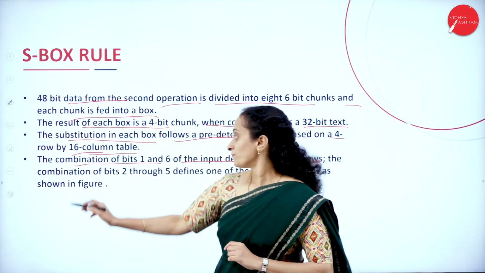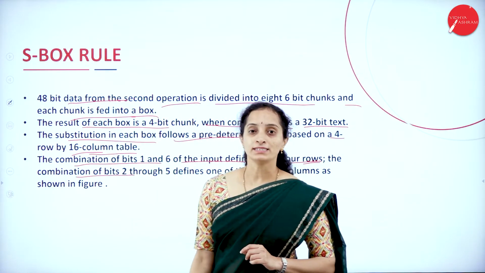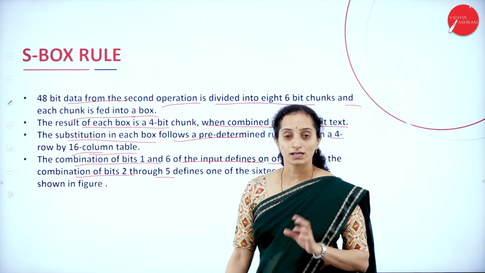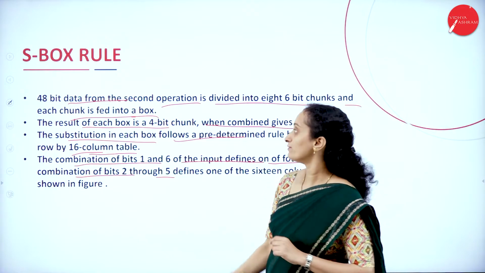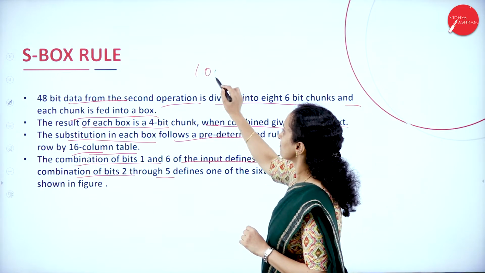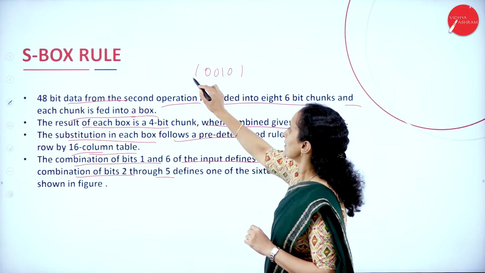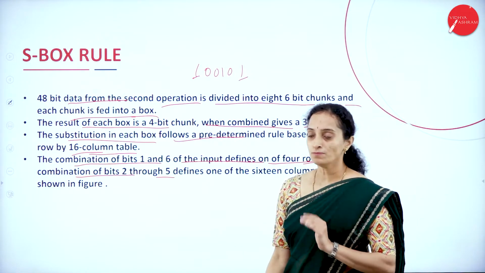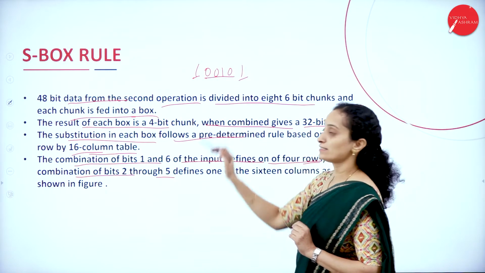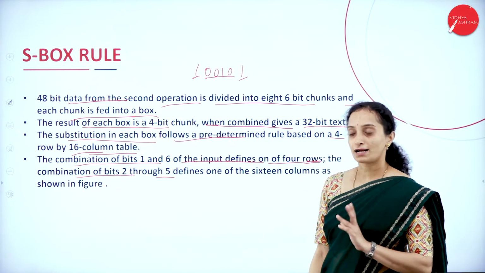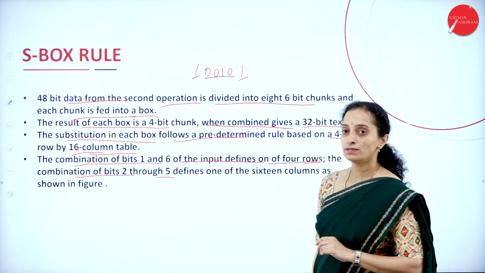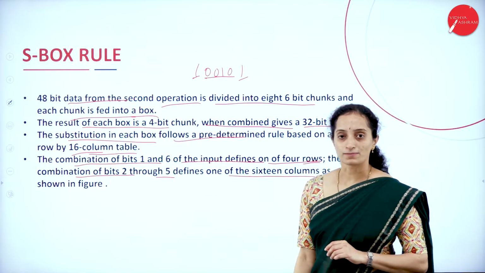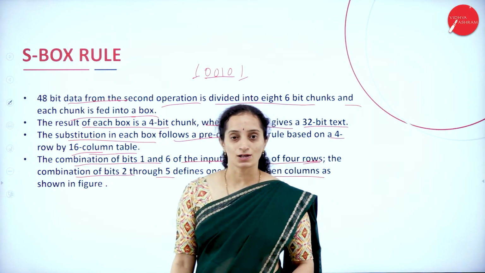Whereas the combination of bits 2 to 5, if you have 6 bits, these 2 bits combine to form the row, whereas these 4 bits are combined to form the 16 columns.